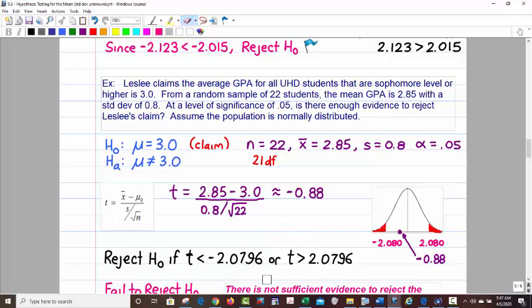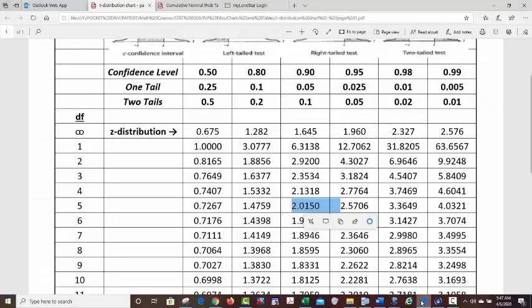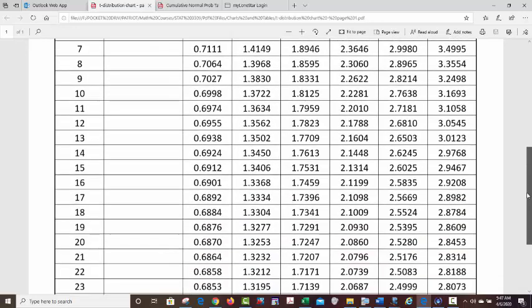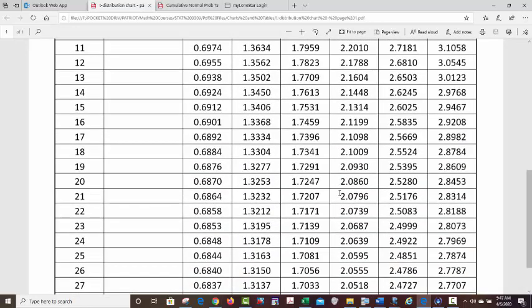So we're going to have a plus and minus because it's two-tailed. Two-tailed, 0.05, 21 degrees of freedom. Make sure we're in the two-tailed row, which is this row right here. We scroll down, it's the fourth column in. So I'm going to go down to 21 degrees of freedom, and there's the magic number, 2.0796.